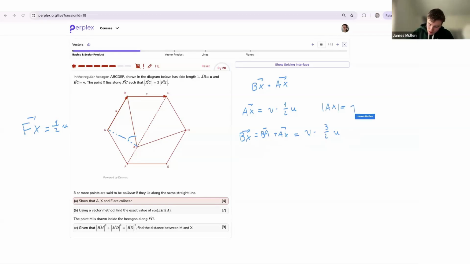So it's going to be the square root of the magnitude of v squared minus magnitude of u, magnitude of v, plus a quarter of the magnitude of u squared. So I did v minus half of u dot product with v minus half of u, because the dot product with itself gives me the square of the magnitude. Okay? And I took the square root of that.